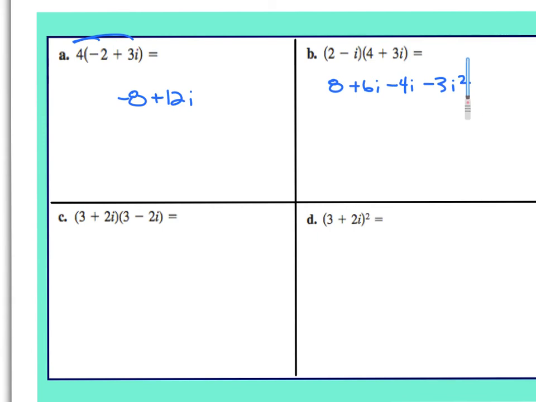Now, what is i squared? I'm going to replace that guy. Negative 1. So now I have negative 1 times negative 3, which is 3. So then I have 3 plus 8, and I'd end up with 11. And then how many i's are left? 2i. So now I have that in standard form.